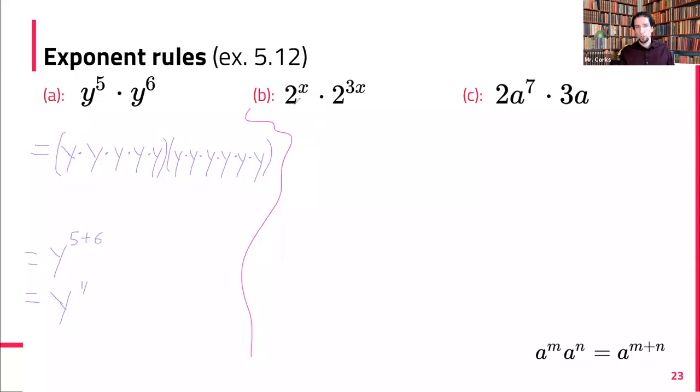Next one here, 2 to the exponent x times 2 to the exponent 3x. 2 to the exponent 4x, so x plus 3x. Can we simplify this further? Yes, of course.